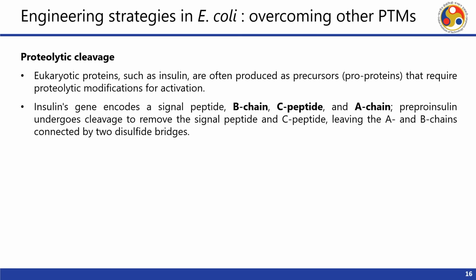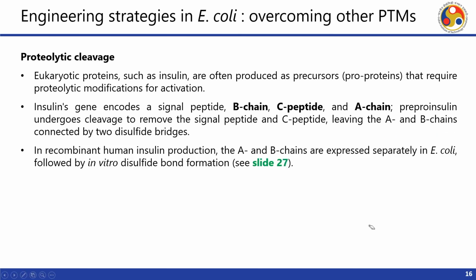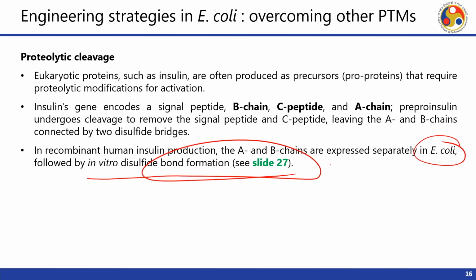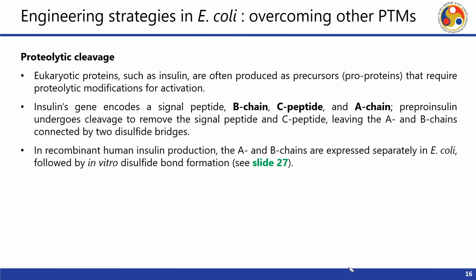Pre-proinsulin undergoes cleavage to remove the signal peptide and C peptide, leaving the A and B chains connected by two disulfide bridges. In recombinant human insulin production, the A and B chains are expressed separately in E. coli, followed by in vitro disulfide formation, which we will discuss in a later slide.